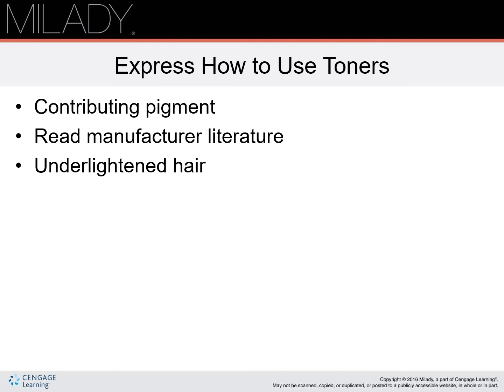Now, when we lighten the hair, it does not necessarily mean that we have to lighten it all the way to the pale yellow. It depends on where we're going. If that client wants to be a red and they're black, then we only need to lift her to that level 3. If the client wants to be a caramel, maybe we need to lift her to that 5 or 6 level.